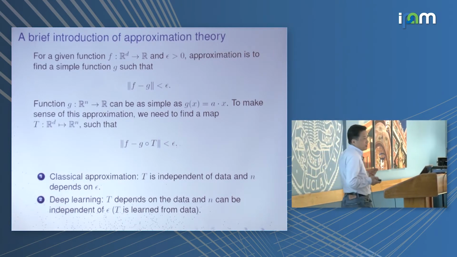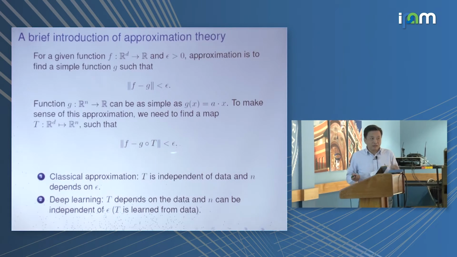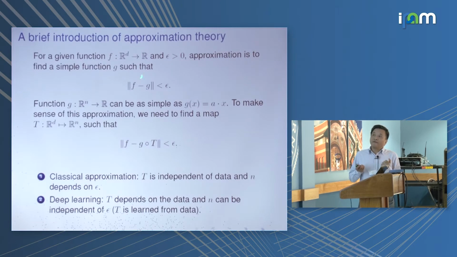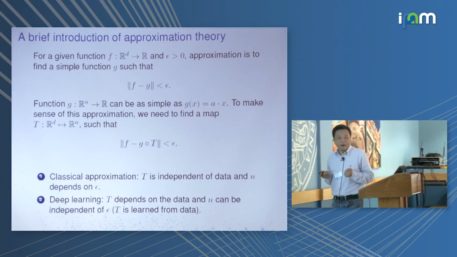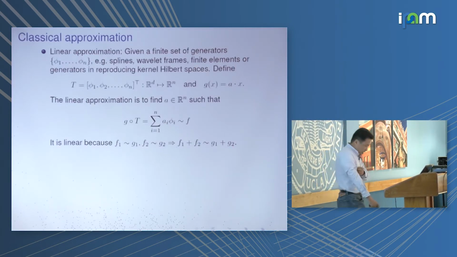You hope to learn this T or construct this T from the data given. For the classical approximation, the problem is that your T is essentially independent of the data. However, if you want a small epsilon, your n has to be big. And if your d is huge, your n can be much more huge.